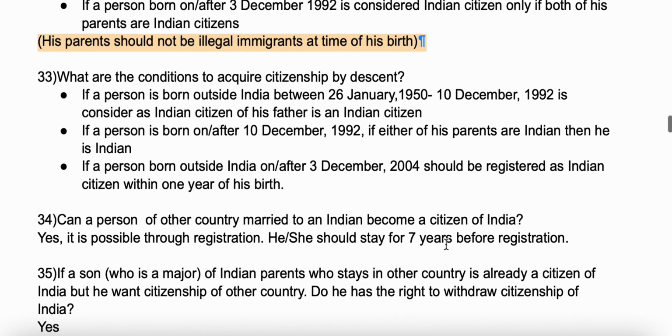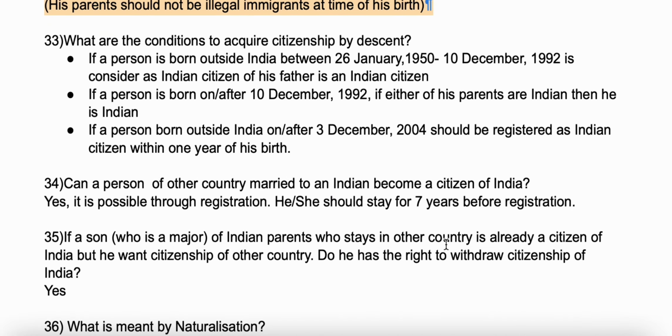Now 33rd question, what are the conditions to acquire citizenship by descent? Okay, citizenship by descent. So if a person is born outside India between 26th January 1950 to 10th December 1992, he is considered an Indian citizen if his father is an Indian citizen.